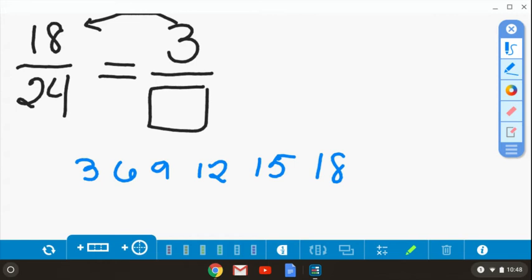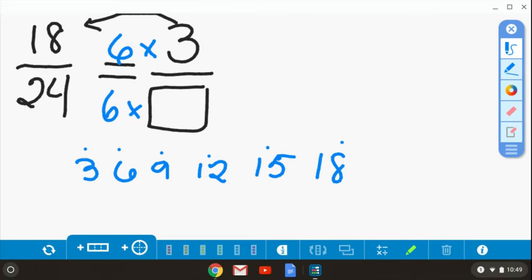So I'm going to count: 1, 2, 3, 4, 5, 6. Okay, so 3 times 6 is 18. So, what times 6 is 24?